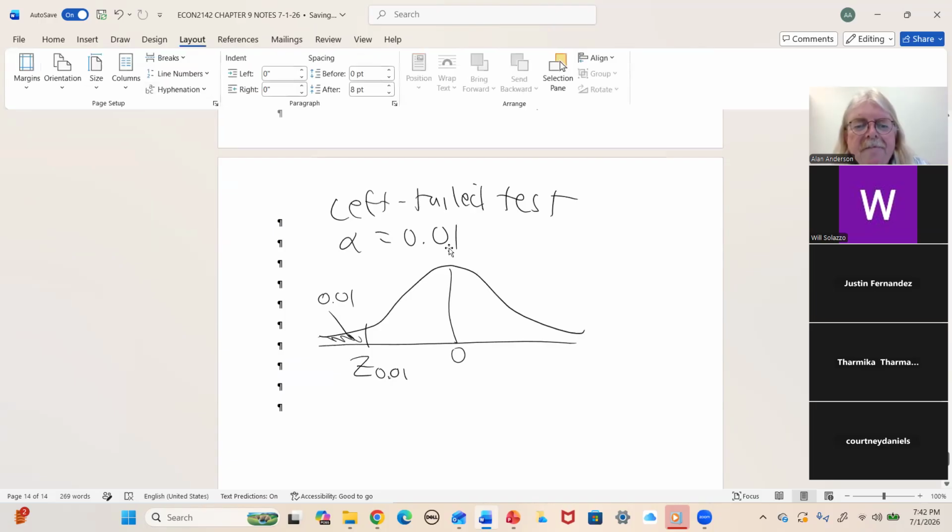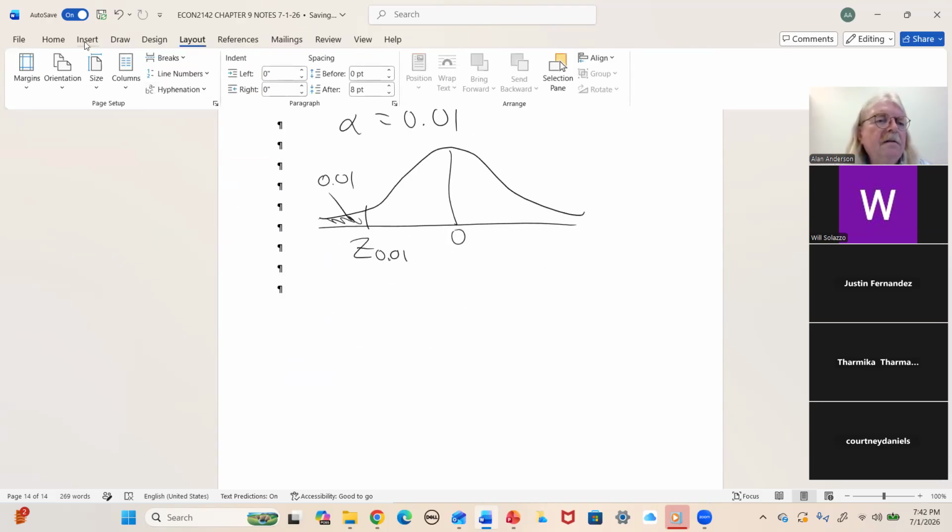Once again, we look it up on the calculator.